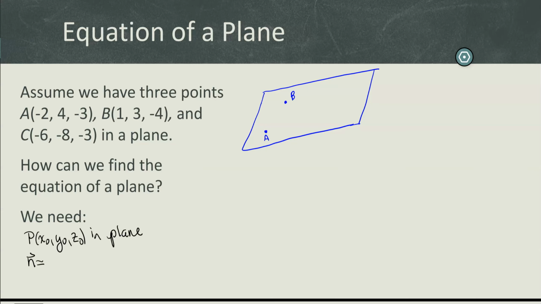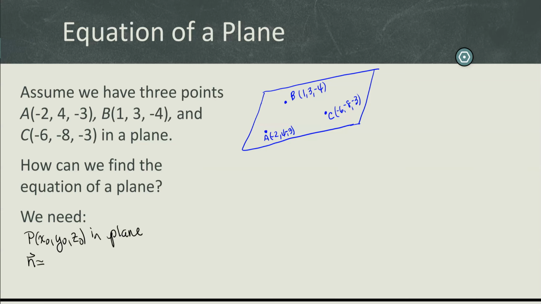So arbitrarily, we'll just call those A, B, and C. This is going to help me reason through how to find that normal vector. And of course, those points do belong to their respective coordinates. So I'm going to go ahead and label those on there, so there's no ambiguity about what A, B, and C are.